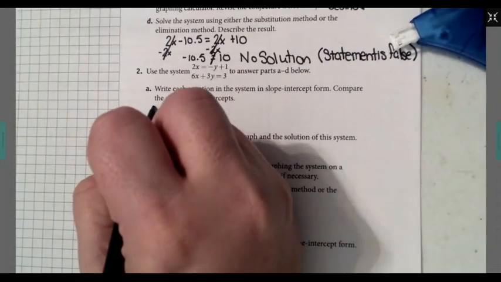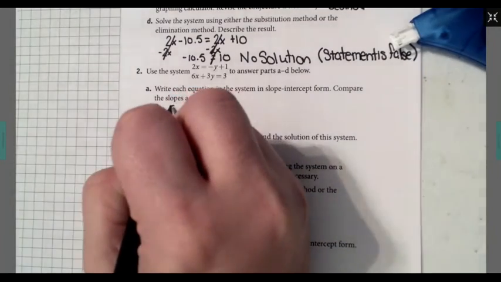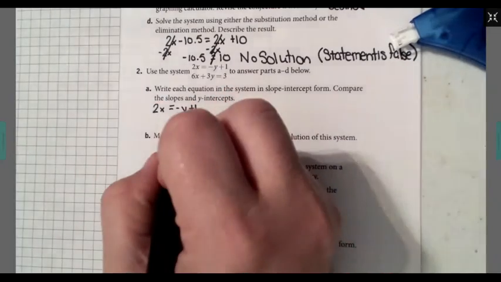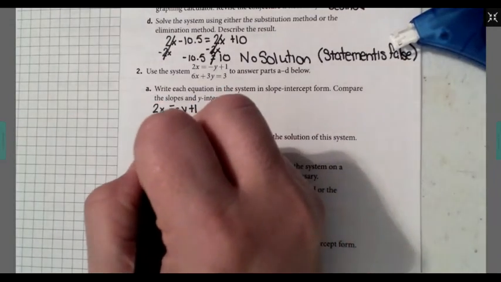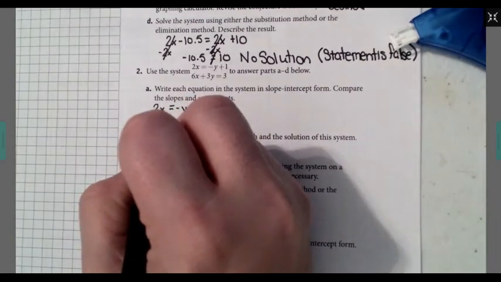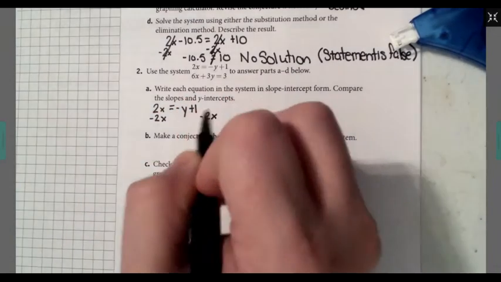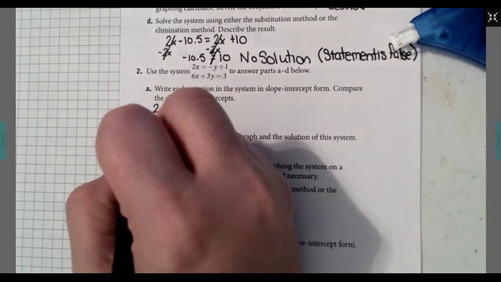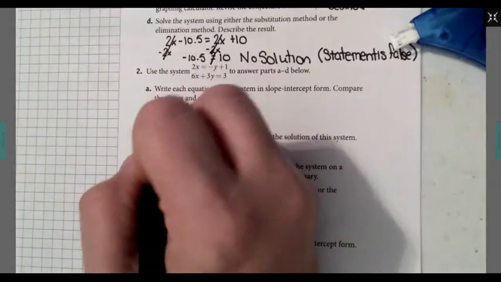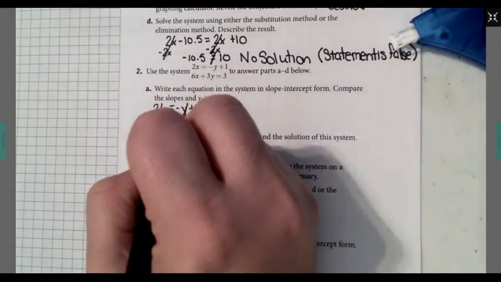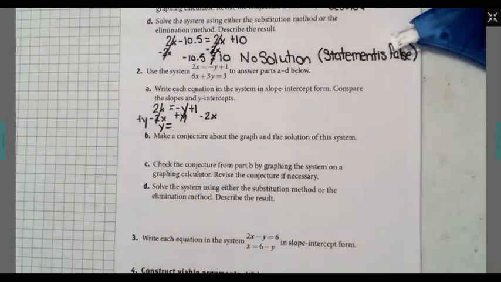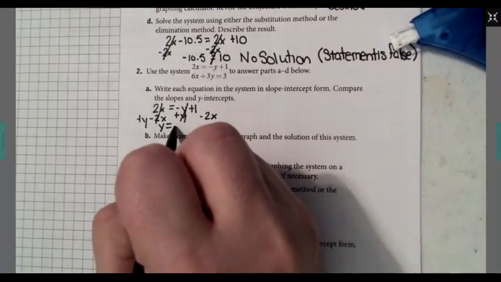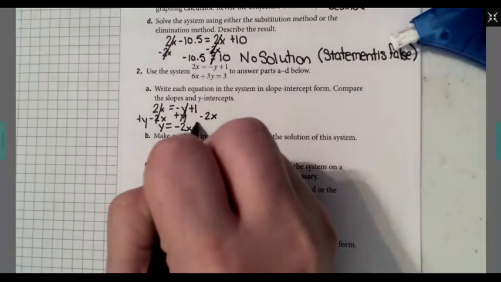We have 2x equals negative y plus 1. So I'm going to subtract 2x from both sides. But I'm also going to add y. That puts my y on the left-hand side, which is how I like to write it. And this is going to be equal to negative 2x plus 1.